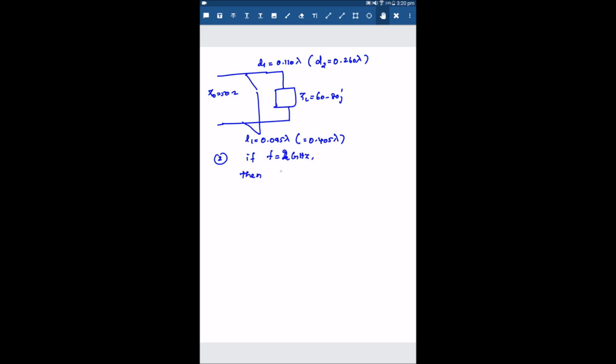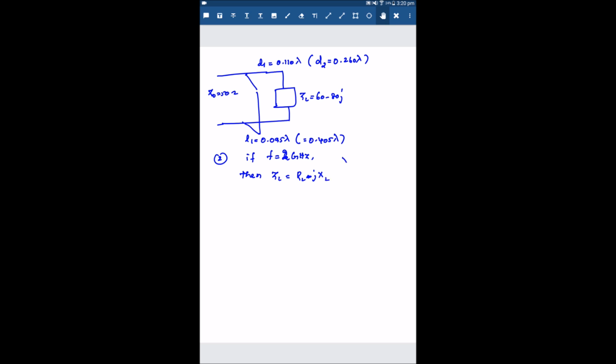Suppose if I choose the operating frequency as 2 gigahertz, then ZL, it is a negative reactance, so I can use a capacitor for that. It can be written as RL plus, this is minus actually in the problem, jXL.